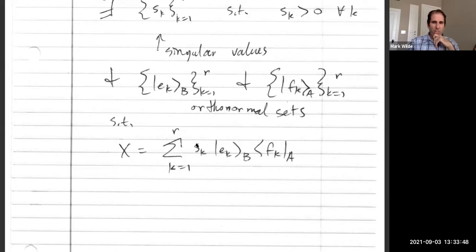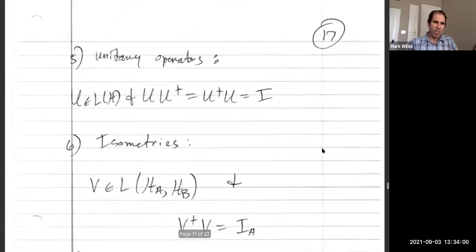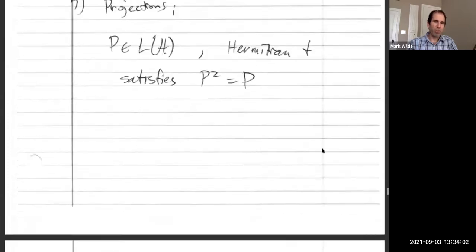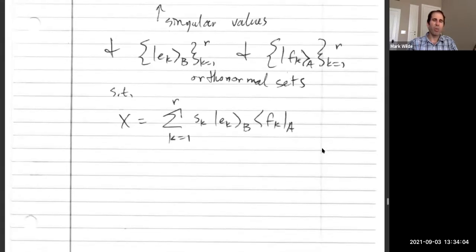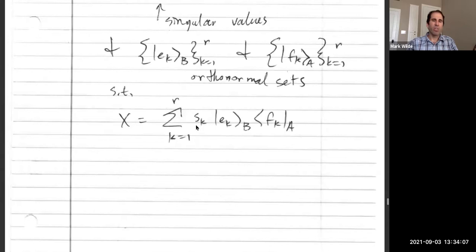If these singular values are all ones, then does anybody know what kind of operator that would be? We talked about all these different kinds, 1 through 7. So maybe to get some participation from y'all, I'll ask that question. Suppose that the s_k are all equal to 1.